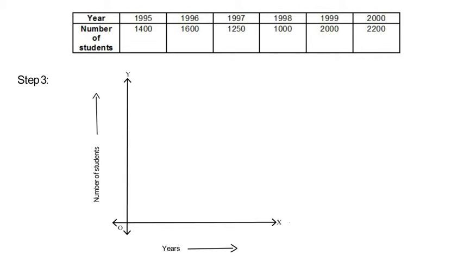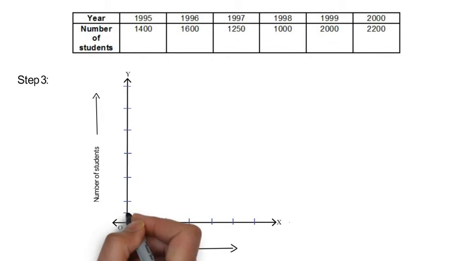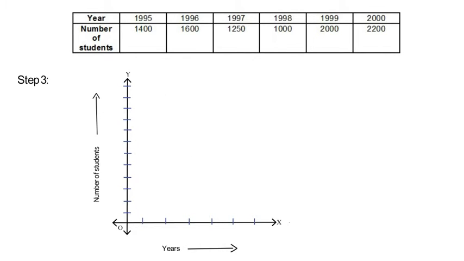Now let us move on to step number 3. Along OX, choose a uniform or equal width of bar and a uniform gap between them. Similarly, along OY, we have to take a uniform gap so that the space available on the graph represents the number of years and the number of students.